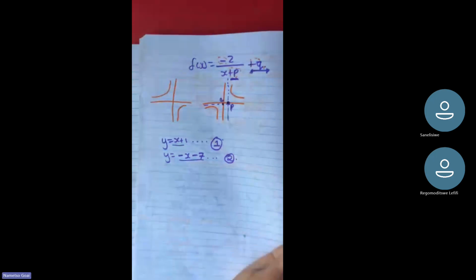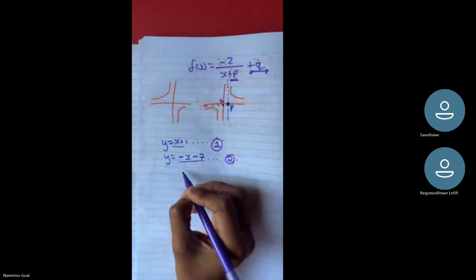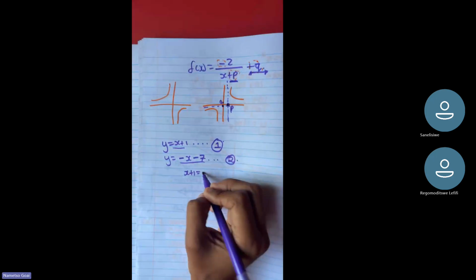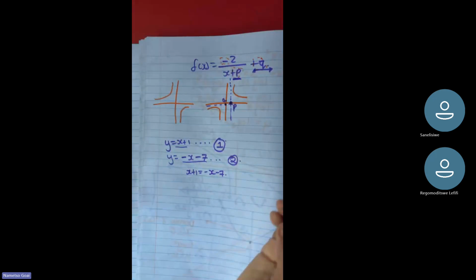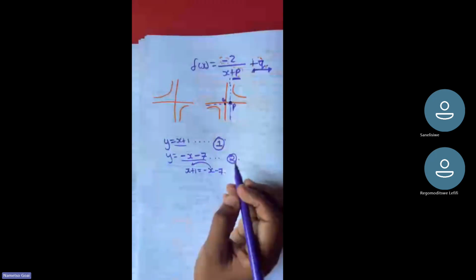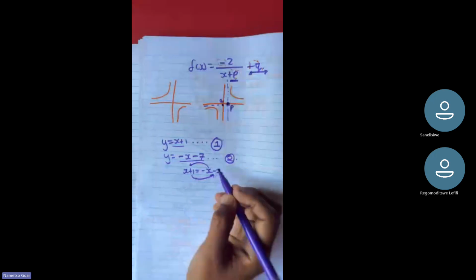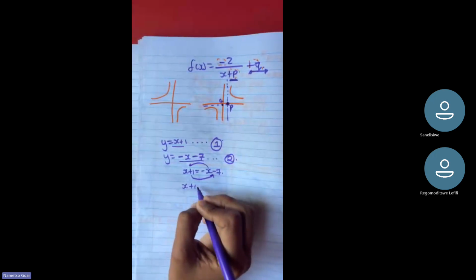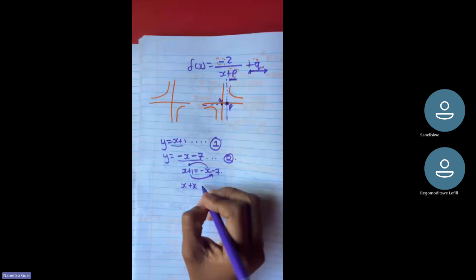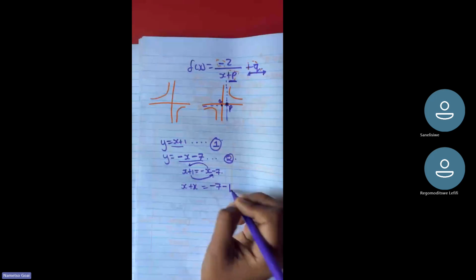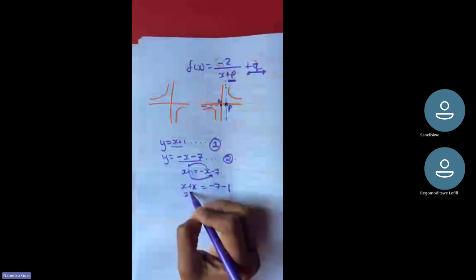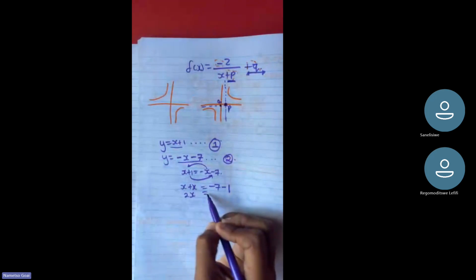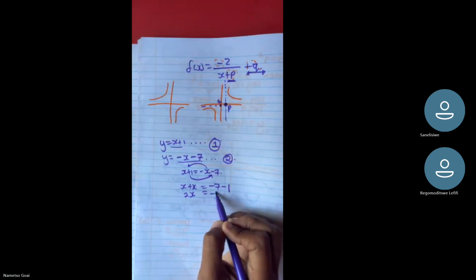Yes. Okay. So we're going to say x plus 1 equals minus x minus 7. Then we have to group our x's, so we transpose this one to that side. We have x plus x equals negative 7 minus 1, so 2x equals negative 8.